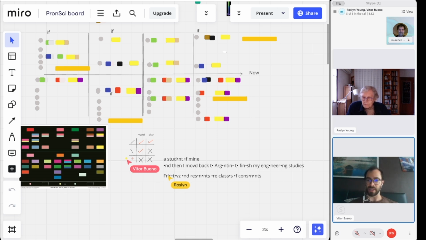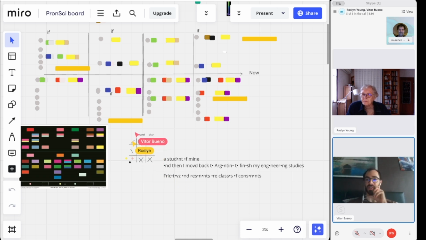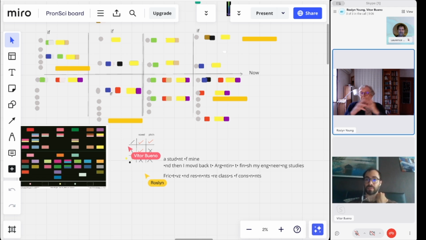Does that look good? Like the consonants here? I would put consonants up here. Okay. This is for a single word, like this analysis. It's not about pitch like in the sentence. Well, the whole sentence, I would say the whole sentence again. Fricatives and resonance are classes of consonants. Okay.